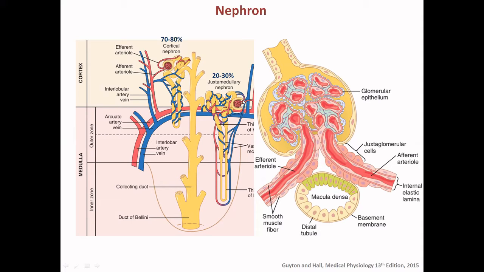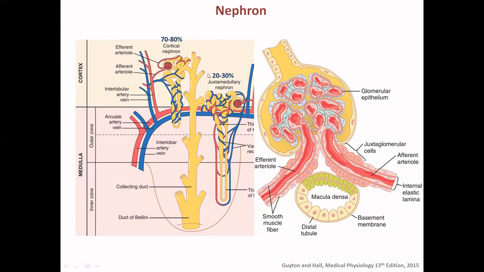So the Bowman capsule is definitely found on the cortical side, but most of the loop of Henle is found in the medulla, and there are some instances where the loop of Henle will reach to the tip of the minor calyx. So this is the juxtamedullary nephron, the function is the same.